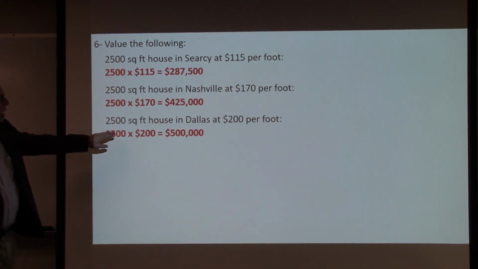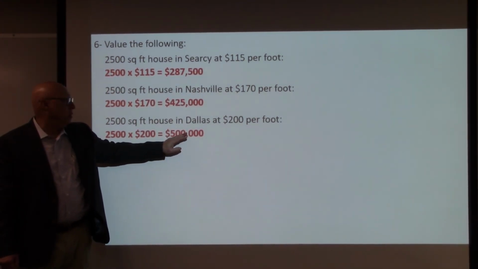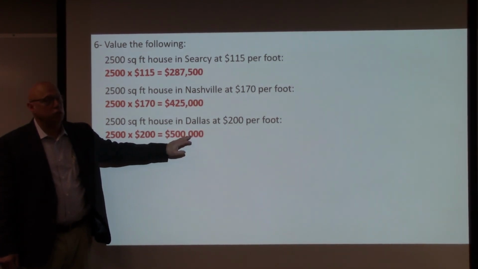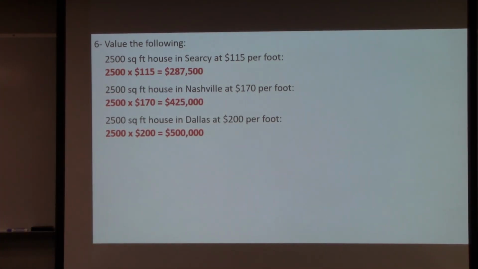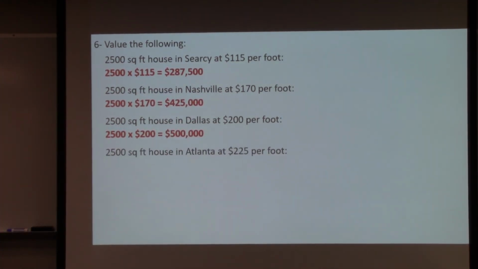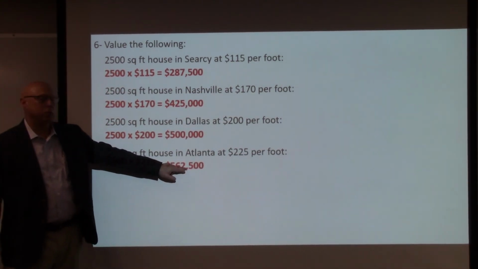Depends on how big a Cowboys fan you are. If you got to be at the games, then you might have to live in Dallas. Or if you just have to shop at Nordstrom in person, then you're going to have to pay $500,000 for that house. All right. Atlanta, $225 per foot, and you're going to pay $562,500 for the same house.